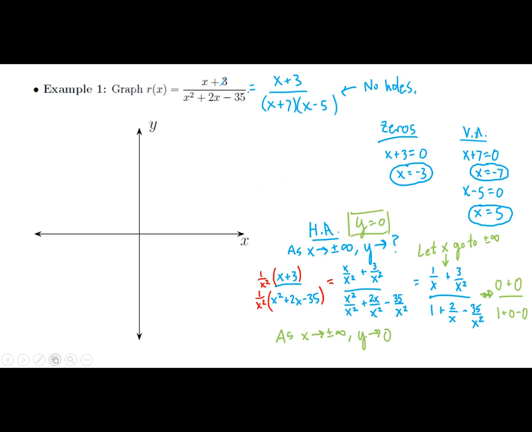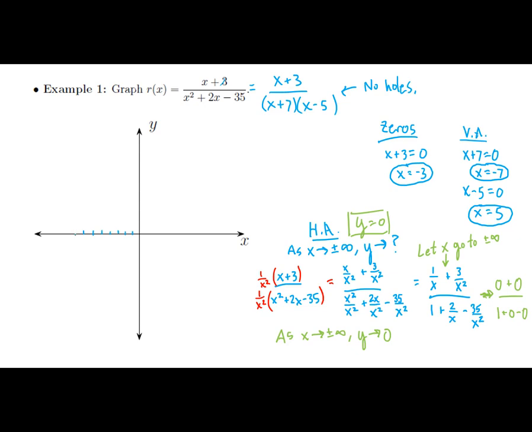I'm going to start the process of graphing and then do one other step before we complete the graph. So I'm going to start putting in important things like zeros and vertical asymptotes, and I can kind of get a pretty good sense of where my tick marks should be. So I'll put them about this far apart.